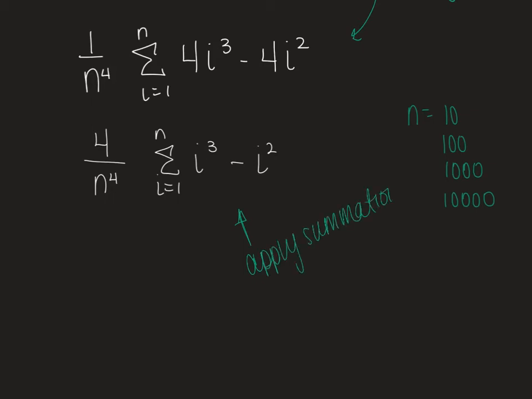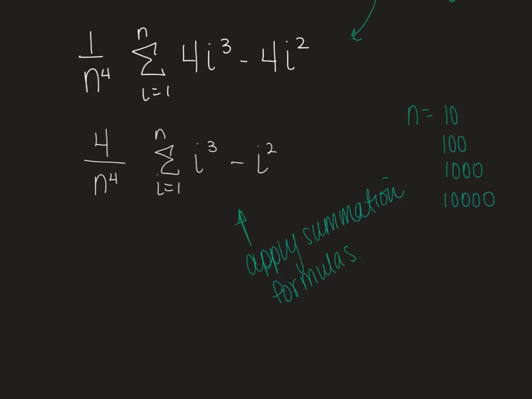So apply your summation formulas, and then once you do that, just make a note of whatever you have. When you get it simplified as best as you can, then you're going to plug in 10 for all of your n's and get a value. Then you're going to plug in 100 for all of your n's and get a value. It's almost like finding different function values, if you want to think of it like that. You're finding a function, and these are the different x values that you're plugging in.